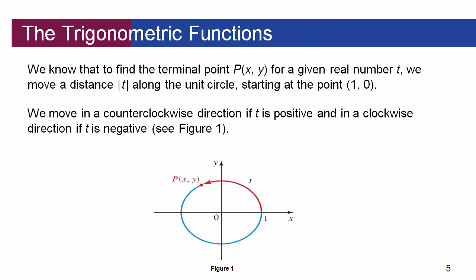Well, as we've talked about in other videos, every point on the unit circle can be designated with an x and a y. What is its distance in the horizontal? What is its distance in the vertical from the origin? We can now start to define those points by trig functions as well.